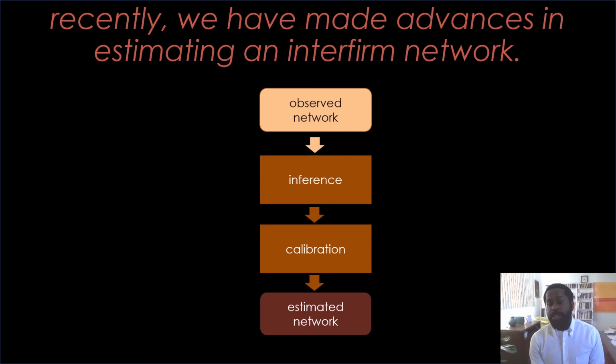But the whole idea of this is to take an observed network, which is just the direct connections, a partial network, right? We do statistical inference on that network to guess essentially what the likelihood of each connection would be. Obviously, if it's an observed connection, the likelihood is 1.